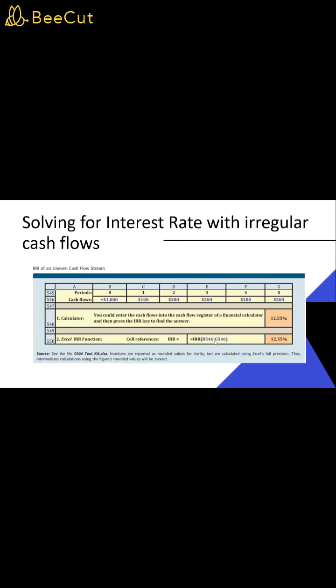So you say B546 and then a colon, which basically means start from B546, but please take into account all the cells all the way until G546, and you close brackets, and that will give you 12.55%. So that's how you would calculate internal rate of return, or the interest rate, with irregular cash flows.